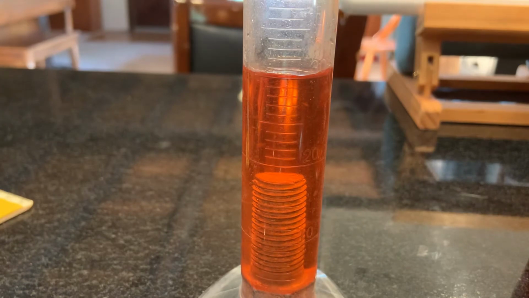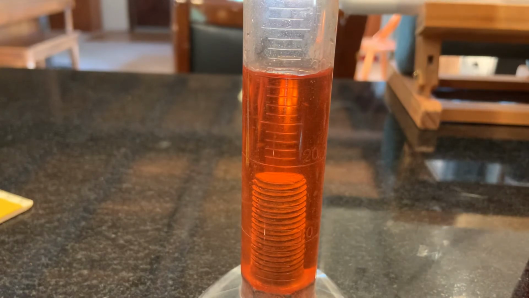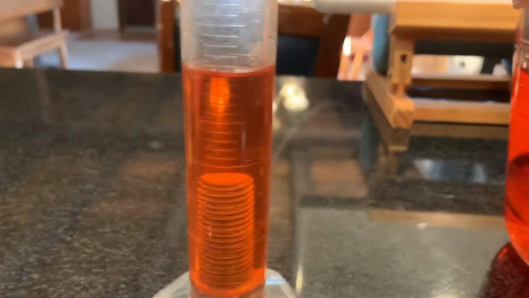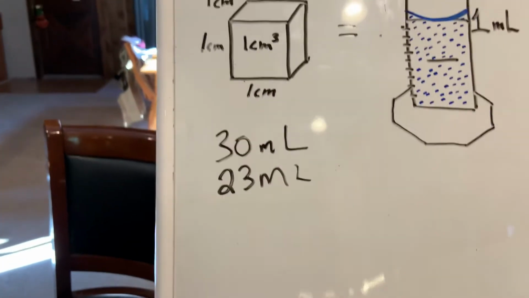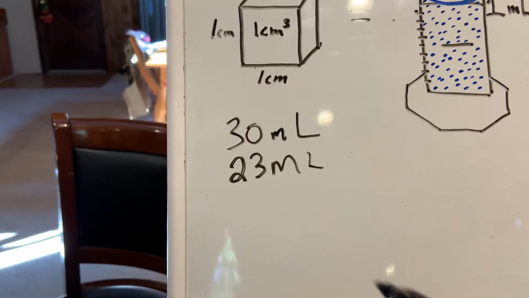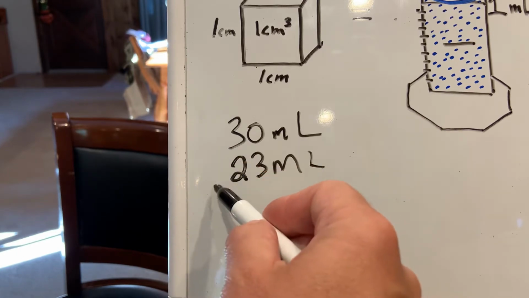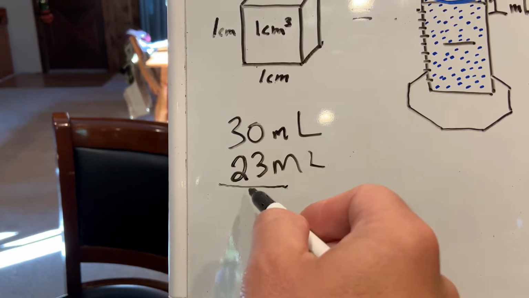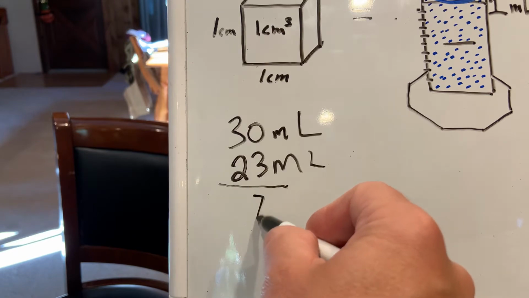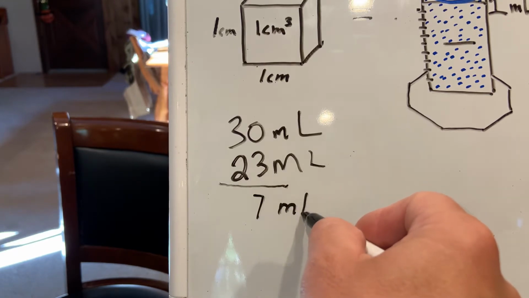So we had an initial measurement of 23 and a final measurement of 30. When you look at the data table, I always write my initial measurement on the bottom, and then I write my final measurement on the top. So all I have to do is do a quick calculation, and this is going to be 7 milliliters.